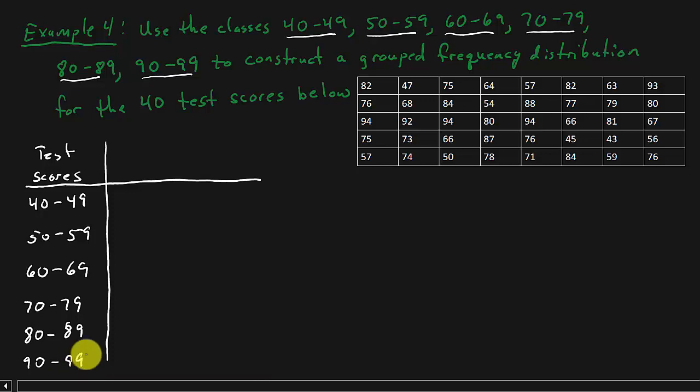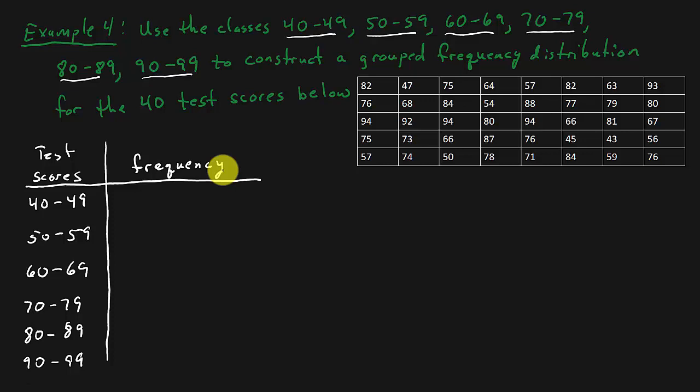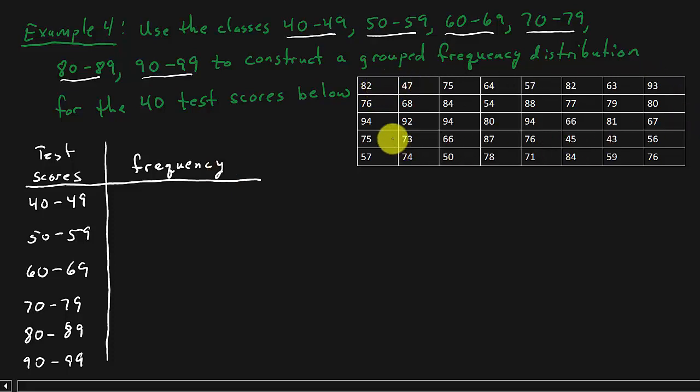And then we're going to do our frequency. All right. So what we have to do is go through this list and count how many values are between 40 and 49. And 40 and 49 would be included in this interval. Okay? So let's go through there and count that one.